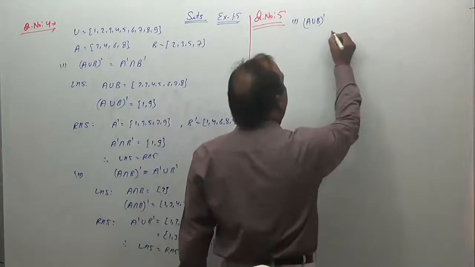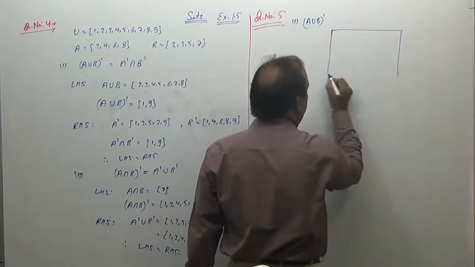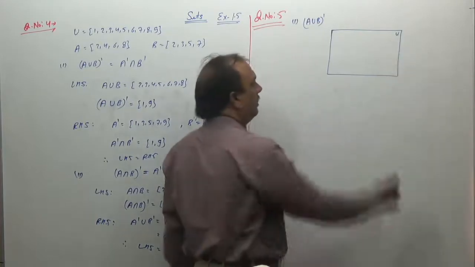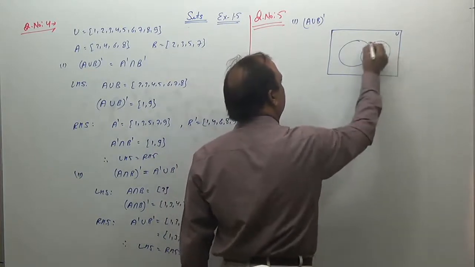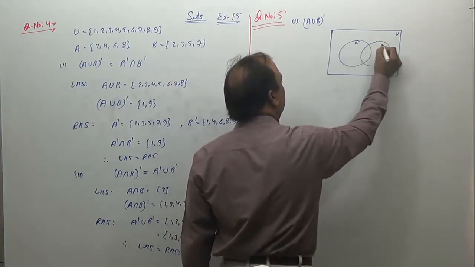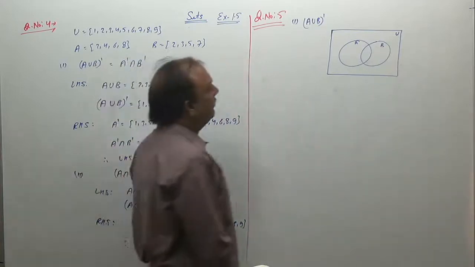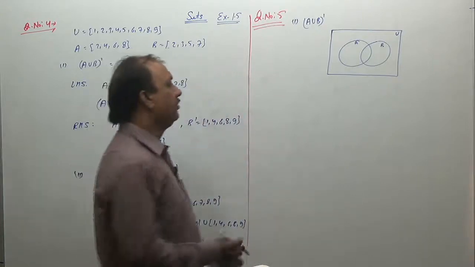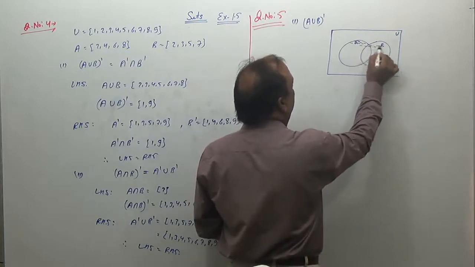In Venn diagram, the rectangular region represents a universal set. Suppose this one is the universal set. And there are two sets, set A and B. This one is set A, this one is set B. First, A union B. So, A union B means first taking their union.